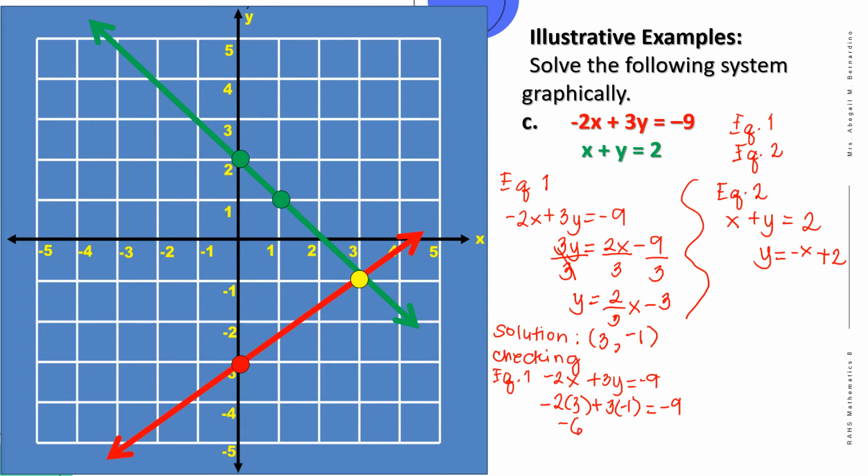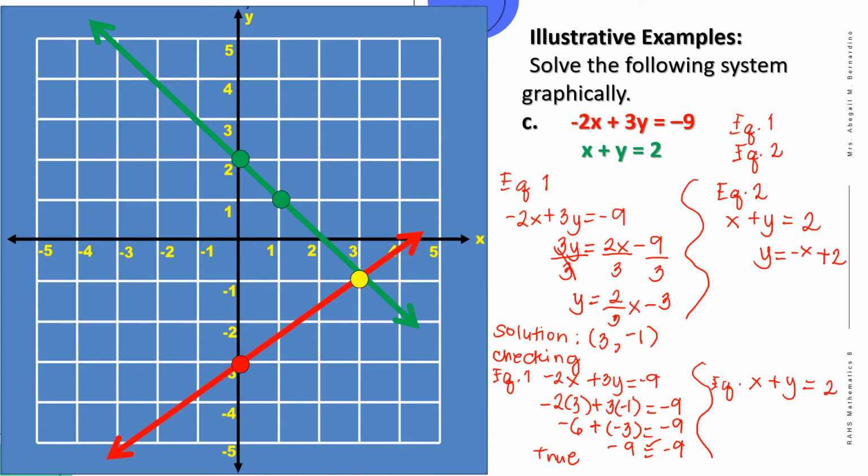Then we have positive 3 times negative 1, the answer is negative 3, equals negative 9. So, negative 6 plus negative 3, we have negative 9 equals negative 9. So, we have a true statement. Next, for our equation number 2, we have x plus y equals 2.